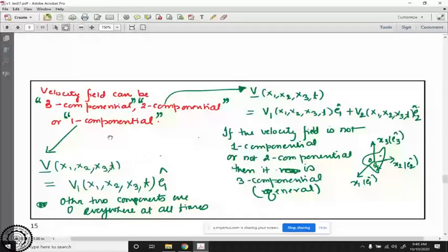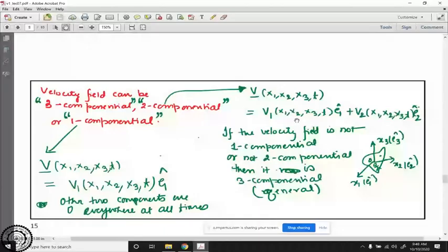Another description of velocity field. What is meant by two componential? Two componential will mean something like what I have shown here, where I am moving my cursor. The velocity field has no e3 component. It has only e1 and e2 components. And those e1 and e2 components can depend on all spatial coordinates and time. We are not putting any condition on that.